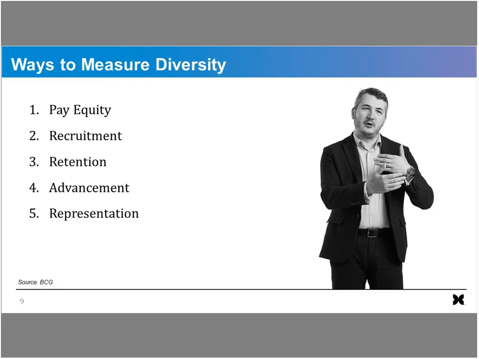It's great to have certain minorities go up the ladder, but what if they are concentrated in a specific area within the organization? So is it full representation or is it representation within very specific areas of the organization?